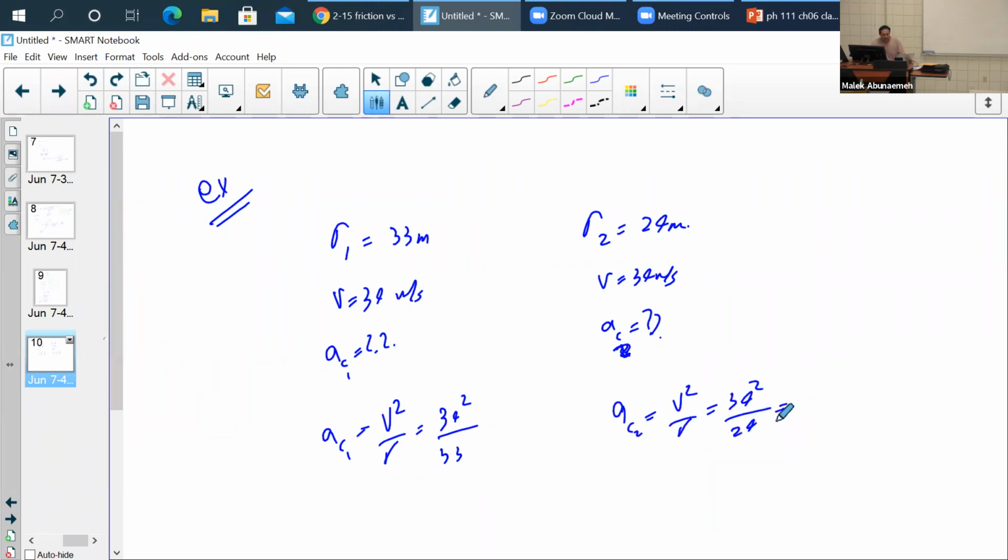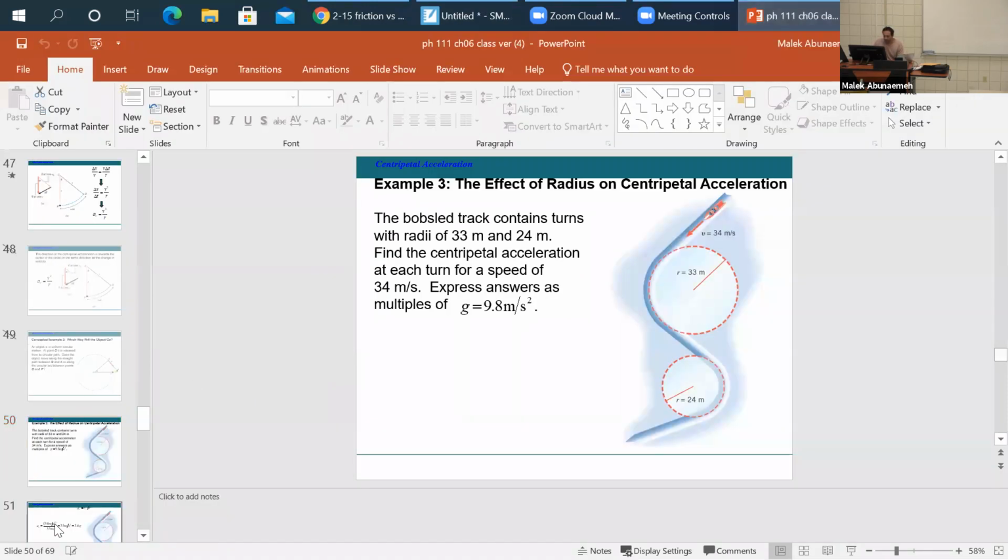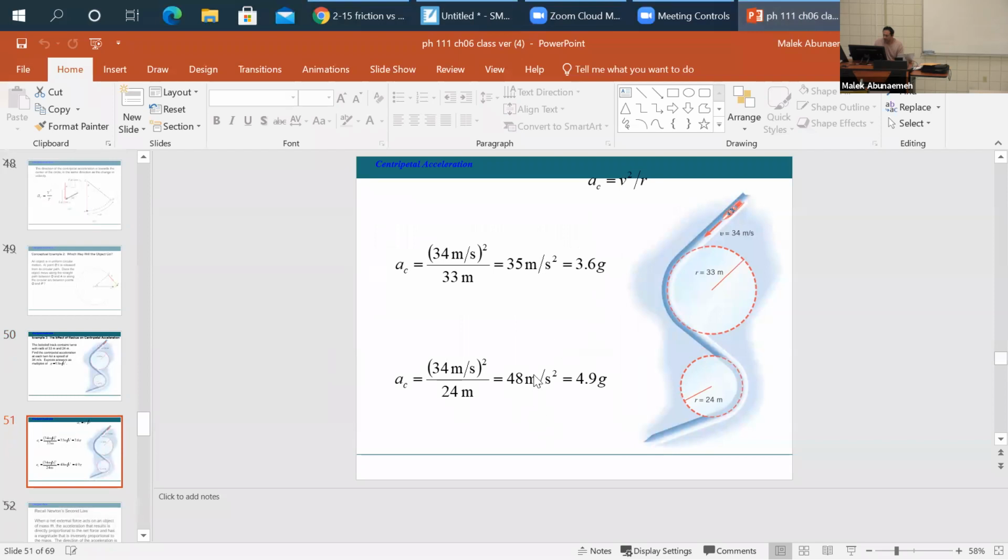For the first one, we should get 35 meters per second squared. For the second one, we should get 48 meters per second squared. Again, 35 is 3.6 g, and 48 is 4.9 g.